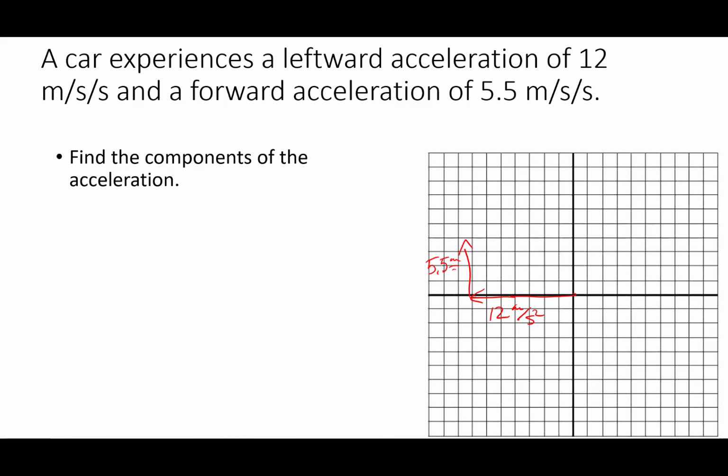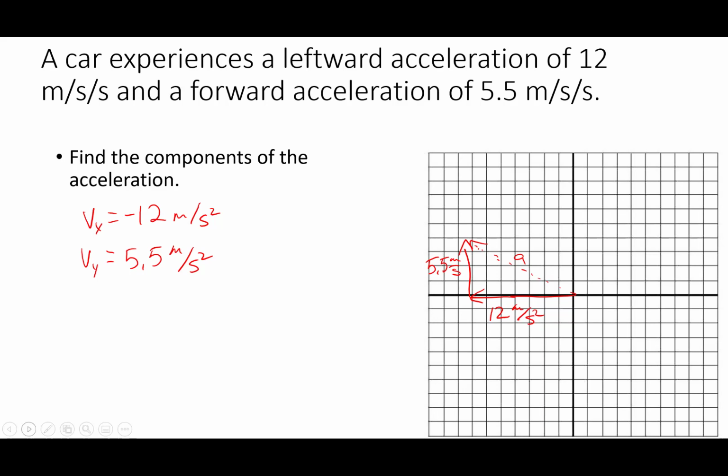Our resultant connects here and here, and we call that A. This is a little bit of a trick question because we're already given the components. 12 meters per second squared would be the x component, maybe negative 12 if we say right is positive. And the y component is just 5.5 meters per second squared. To find the resultant, we would just need to use the Pythagorean theorem.